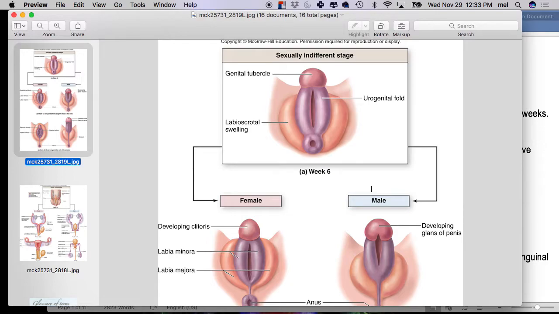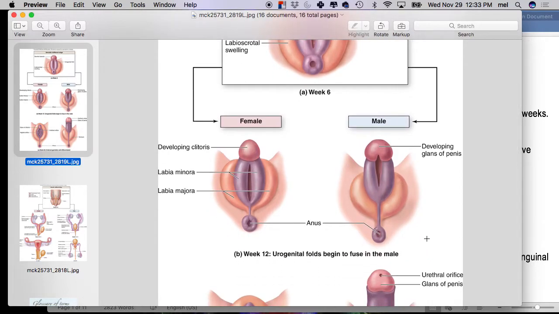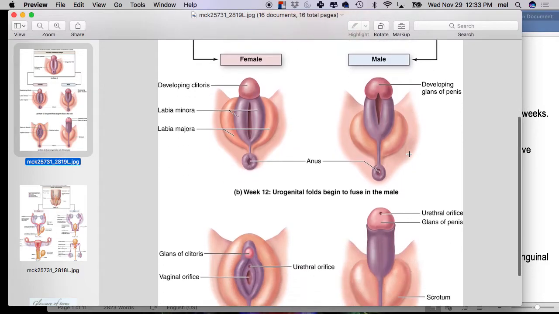And the homologous structures, you know the word homologous, right? Homologous are the same developmental or evolutionary structures. The homologous structures are going to end up the same color. Okay, so here are the homologous structures that you are going to see developing. This is about week 12. Notice that you start getting something that develops a little bit like a penis but isn't fully there.